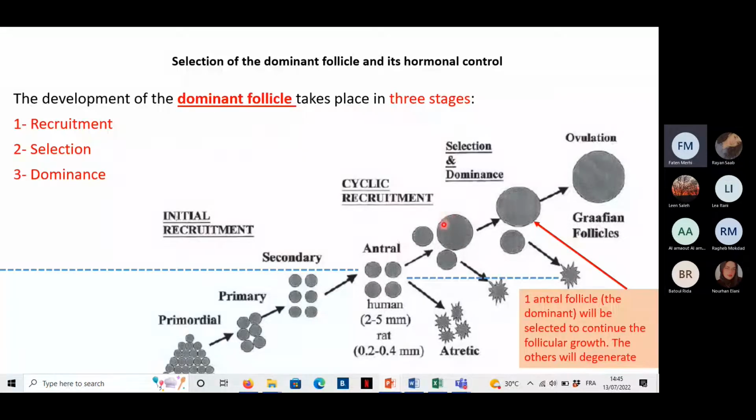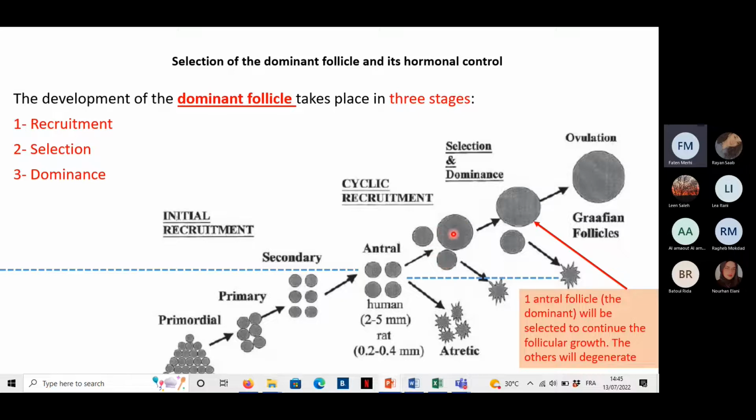So we will have a leader follicle, which is bigger than the others, and the others which are smaller. And this bigger one will be the dominant. We will call it later the dominant follicle. Okay, so we will have one bigger follicle that we will call the dominant follicle, and others that are smaller.